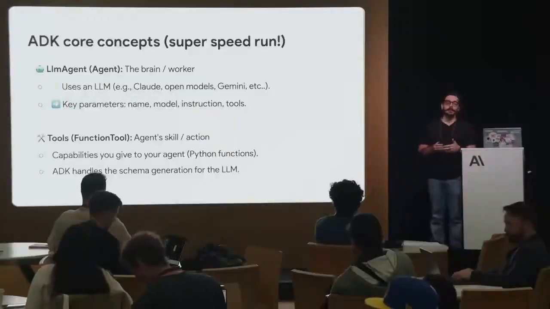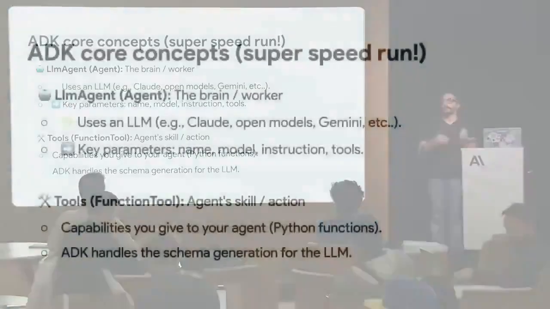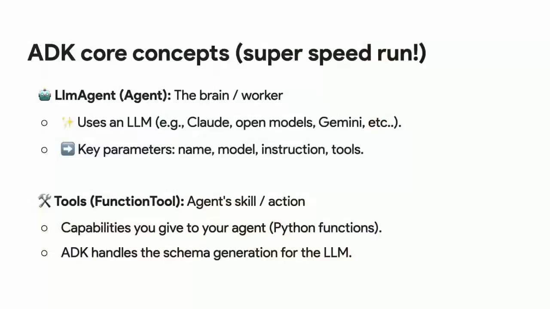Okay? With that being said, these are the core concepts that you need to know about ADK. In order to build an agent with the Agent Development Kit, first of all, ADK provides several types of agents that you can use. It provides some pre-built agentic patterns, including sequential agents that you can use to implement your application.